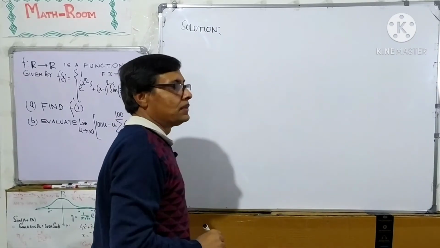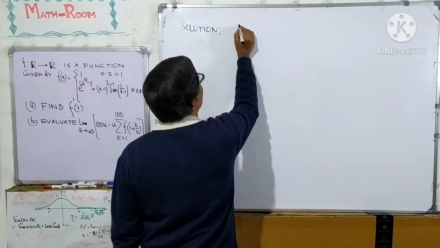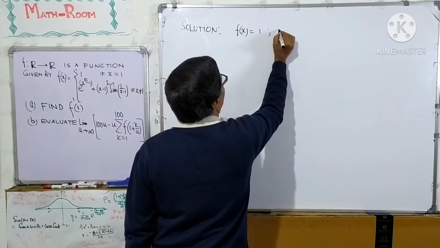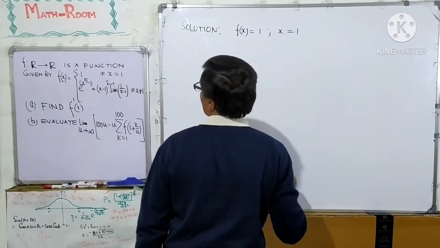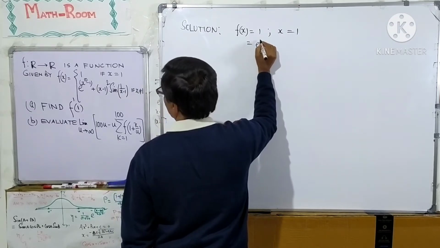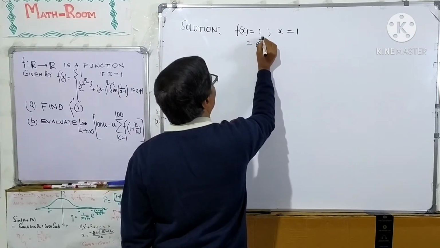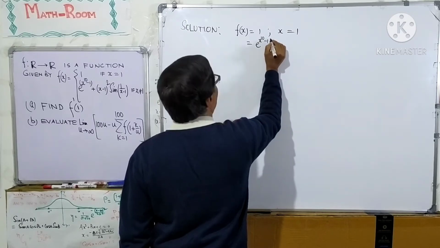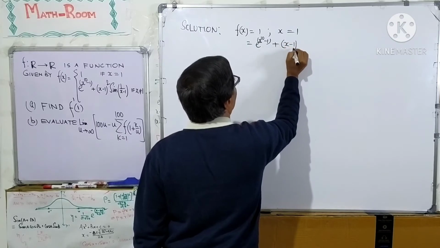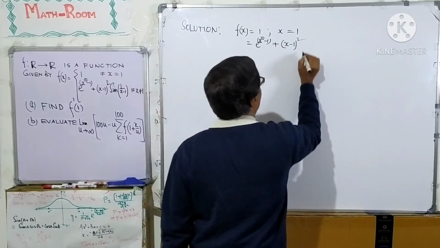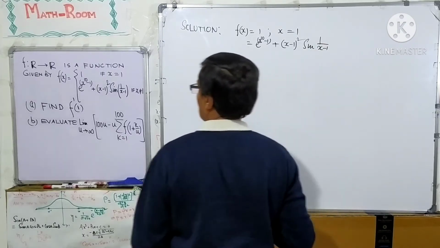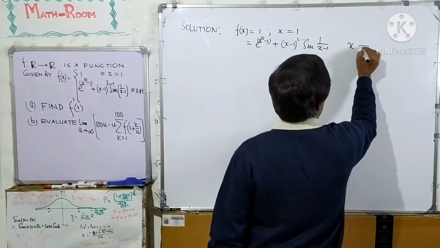Here the function is given as f(x) = 1 when x = 1, and f(x) = e^(x^10 - 1) + (x - 1)^2 sin(1/(x - 1)) when x is not equal to 1.